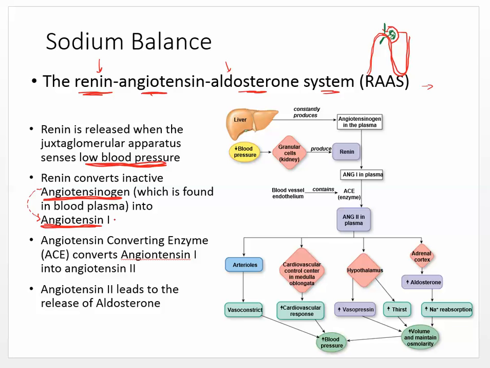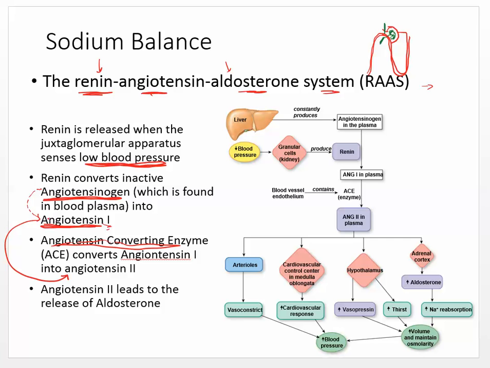Angiotensin 1 doesn't really do anything either. If it has the number 1 behind it, it implies that there's going to be an angiotensin 2. So we have another molecule floating around in our blood plasma all the time called angiotensin converting enzyme.